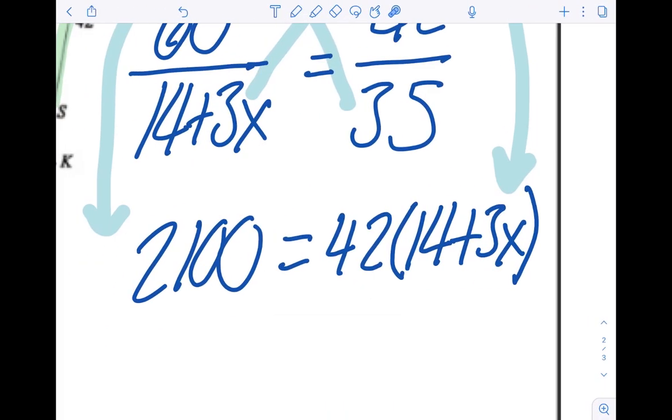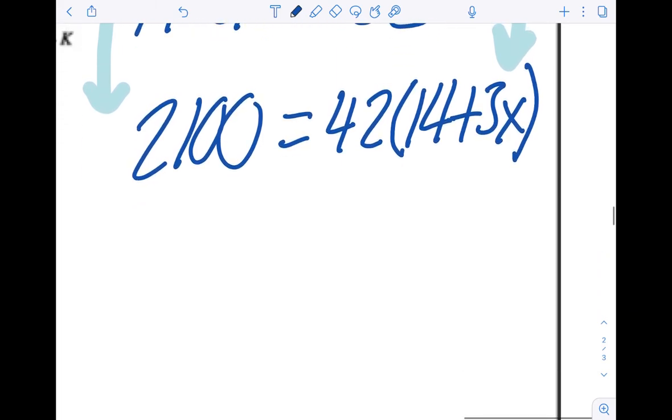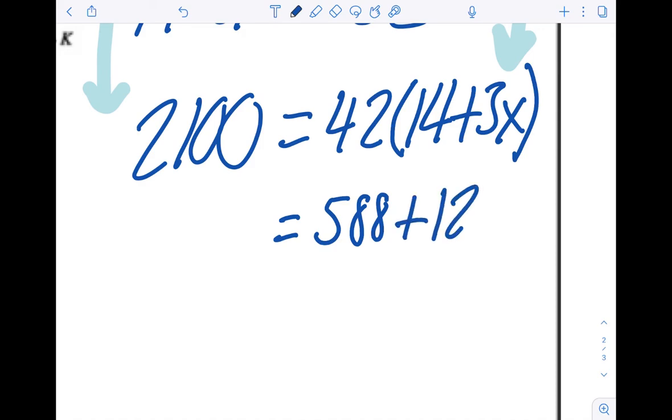Look at that. So I get here equals 588 plus 42 times 3 is 126x. And I bring down my 2100.